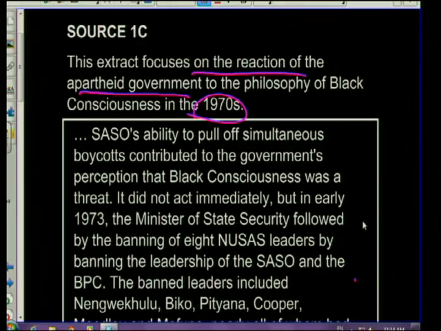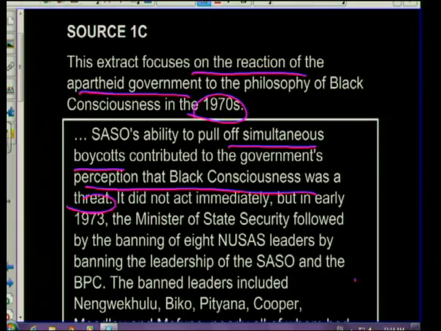If we go on, it speaks about SASO's ability to pull off simultaneous boycotts, very prominent in the 1970s, which contributed to the perception that the black consciousness was a threat. Now, at this stage, the government is seeing the black consciousness as more of a threat than anything.